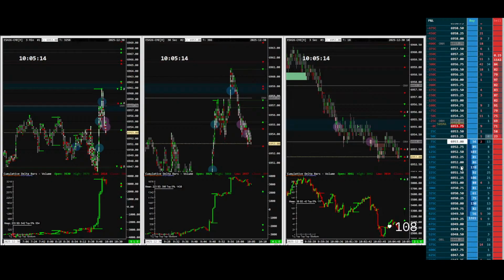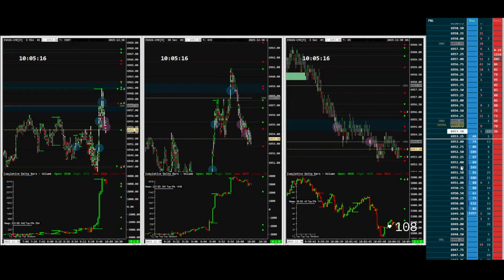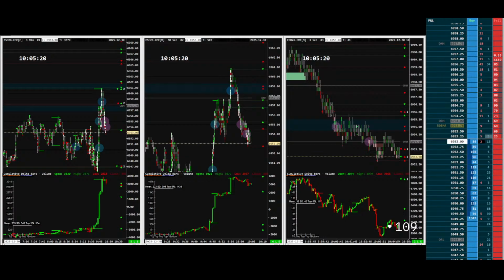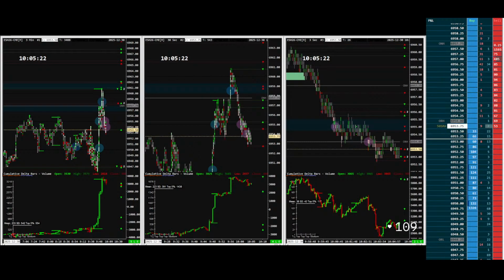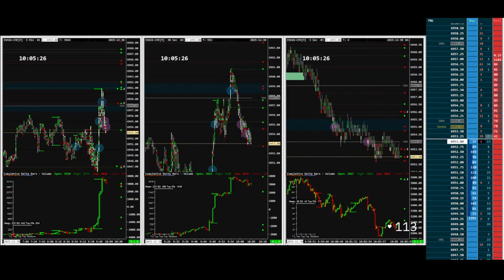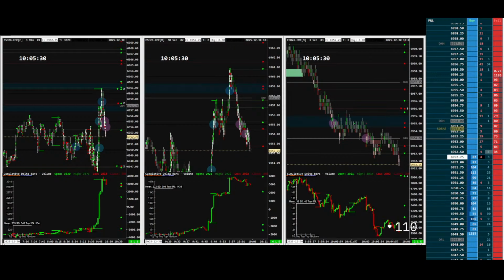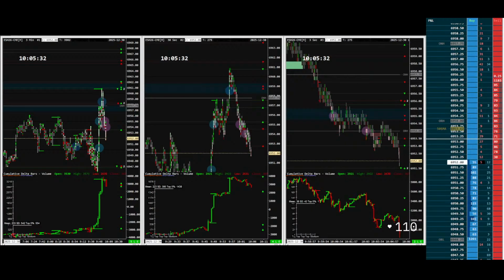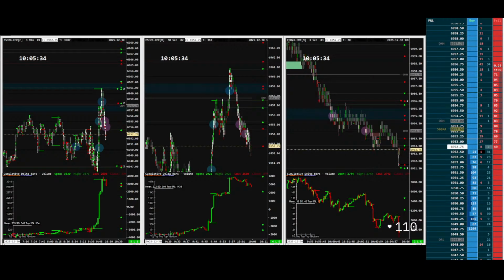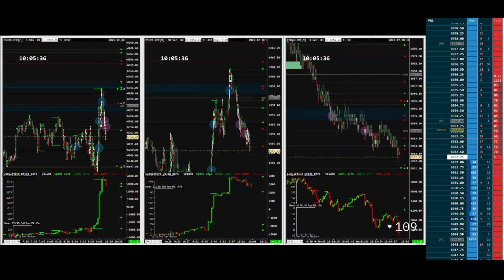Can exit here for 3 ticks. Got it. Yeah, I got the short too. I took a 4-tick loss, then re-shorted it.